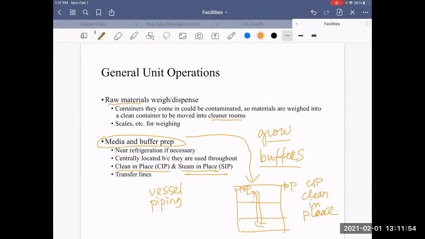They have a way developed that you can clean these big, huge vessels and the piping without taking them apart. You can clean it and they verified that this process works. And then you can basically autoclave it or steam it in place. And the lines are going to be called transfer lines.